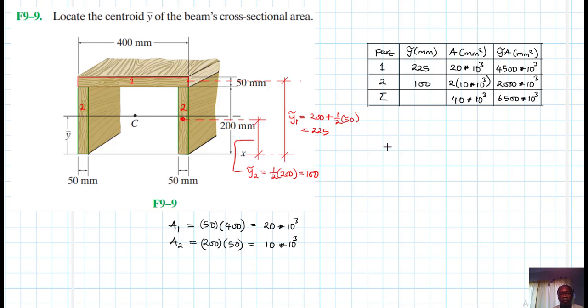Then we have y bar. Y bar is just going to be equal to the summation of y centroid times area, divided by the summation of area. This is equal to 6,500 times 10 to the third. Sorry, this one is to the power of 3, not 2.